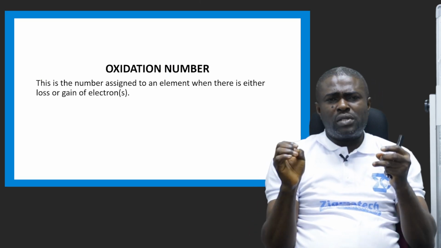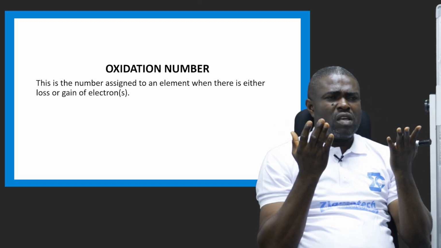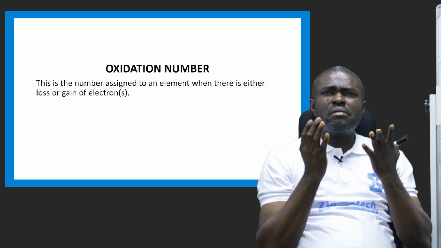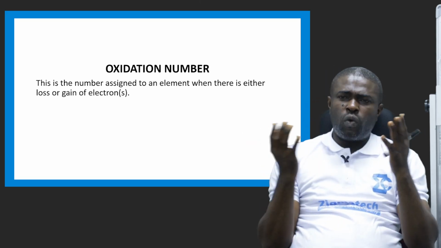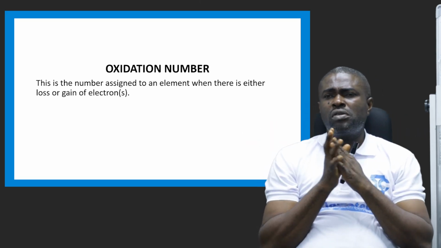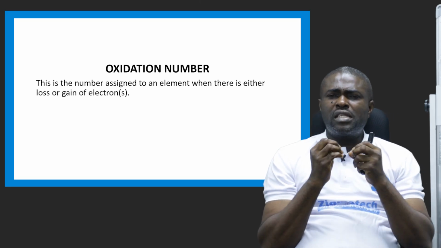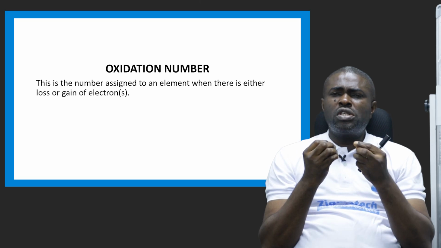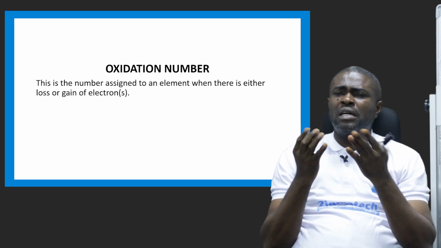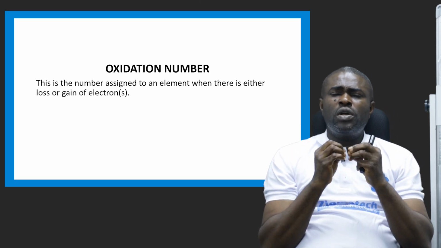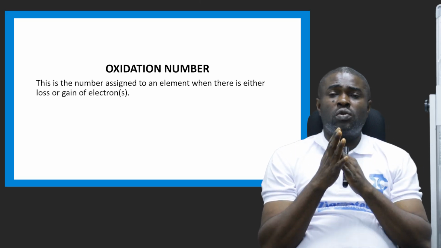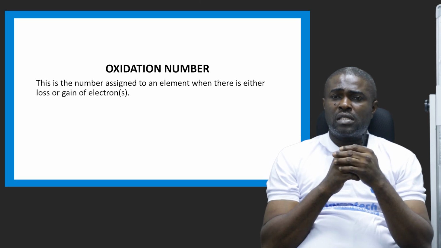In a simple term, or in a simpler form, see oxidation number as that number which an element will gain or lose in order to do what? Attain duplet or octet state.